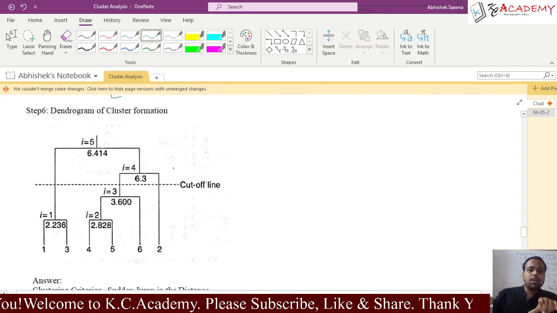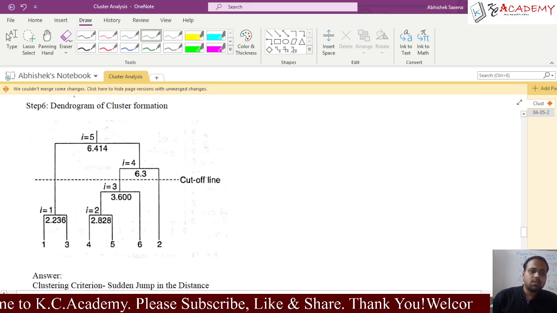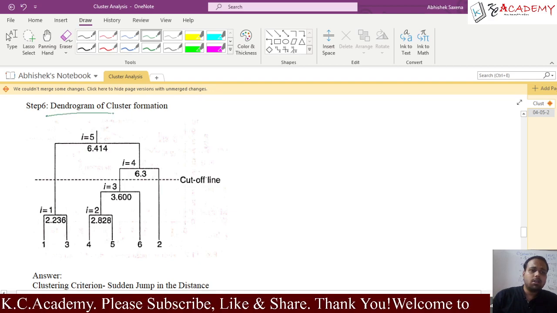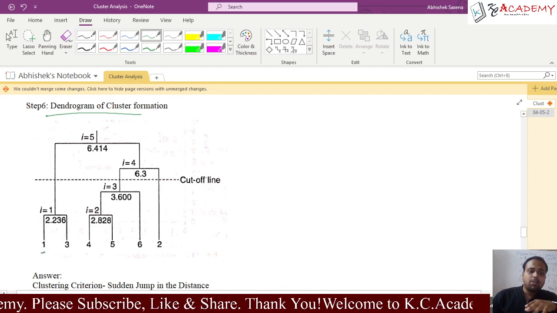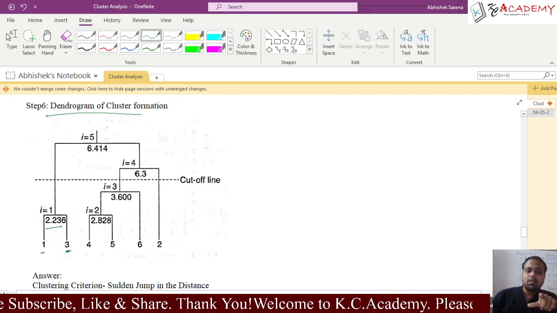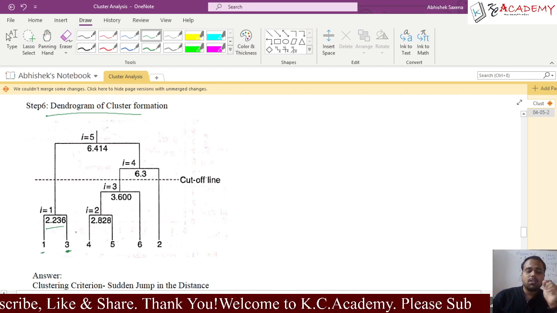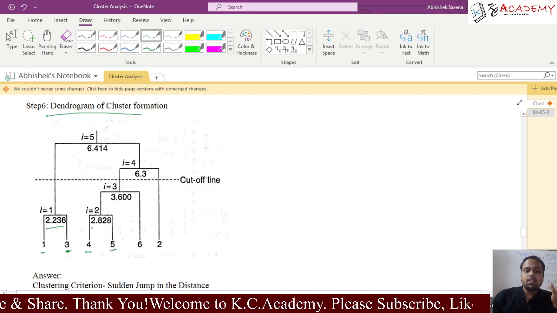And one more thing, by using this we can plot a dendrogram of cluster formation, which is not very important, but it is not much complicated. What we have to do: see this point 1 and 3. What did we do in the first iteration? We combined 1 and 3, so the distance came as 2.236. Then in the second iteration we combined 4 and 5. Distance is 2.828.